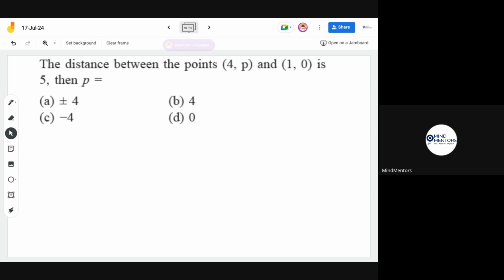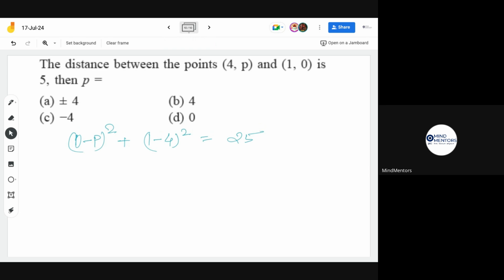So the distance between 2 points will be y2 minus y1, which is 0 minus p whole square, or p minus 0 whole square, whatever, right? Plus x2 minus x1 whole square, 1 minus 4 whole square, equal to 25. That's my theorem.